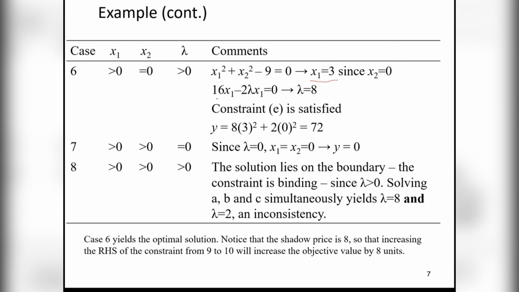Again, we go to the next constraint, E, and we find that lambda is 8. Constraint E is satisfied, y equals 8 times 3 squared plus 2 times 0 squared. We get 72 as the objective.